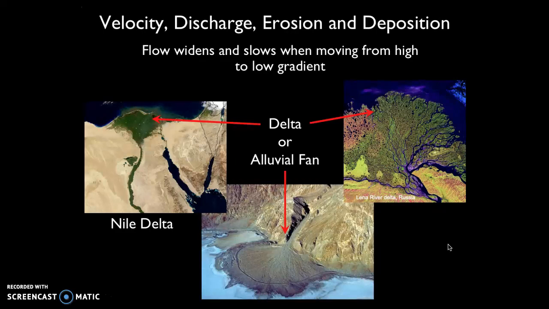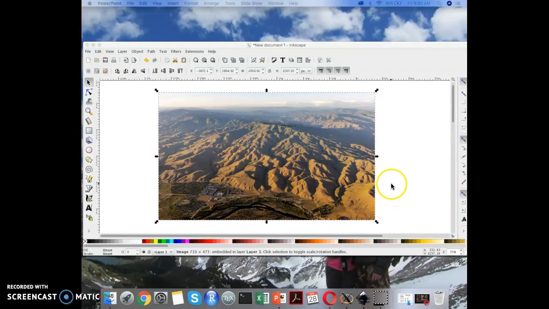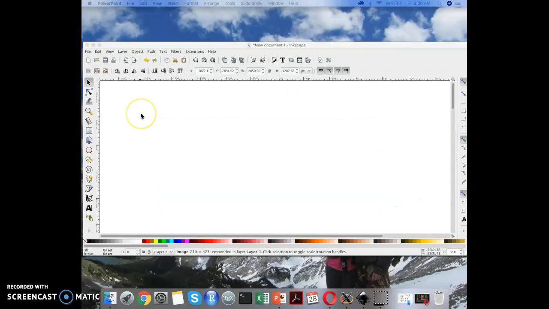Also, whenever the flow widens, whenever your cross-sectional area tends to be larger, you tend to get a slowing down of the river itself. So I'm going to draw, give me a second, I'm going to draw over here kind of like a representation of how I think that looks.